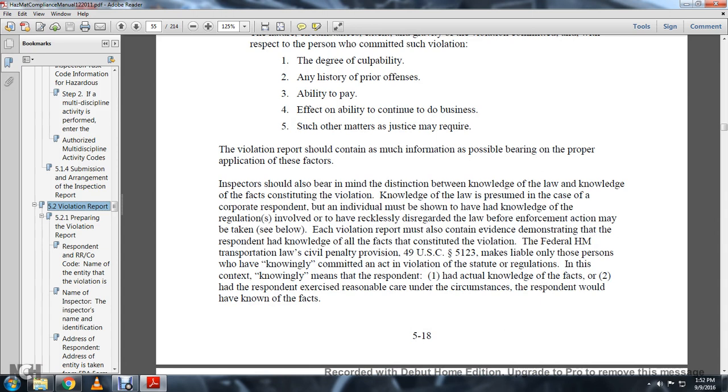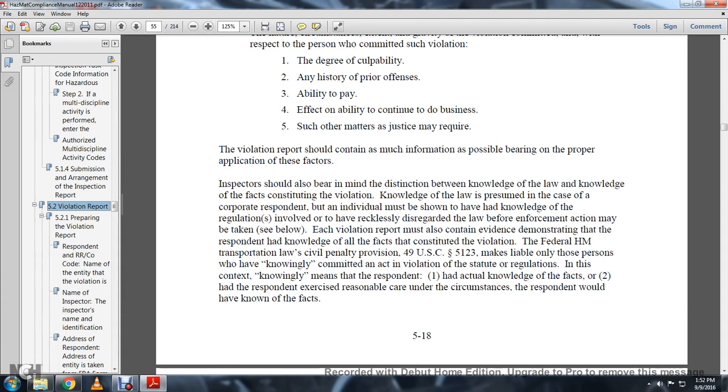Inspectors should also be careful to bear in mind the distinction between knowledge of the law and knowledge of the facts constituting a violation. Knowledge of the law is presumed, but in the case of an individual respondent, it may be shown that they had knowledge of the regulation involved or recklessly disregarded the law before an enforcement action may be taken. See below.